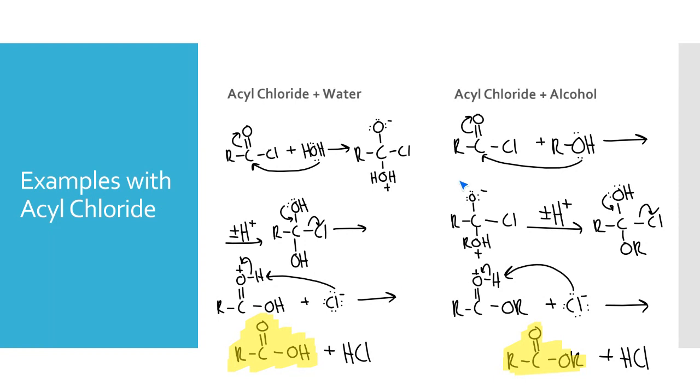Okay, so similarly, if we react an acyl chloride with an alcohol, instead of a carboxylic acid, we can make an ester. So the mechanism is very similar. This oxygen here has 2 lone pairs of electrons. It's nucleophilic. This carbon is electrophilic. So the lone pairs of electrons will attack that carbon, break the double bond, and those pi electrons will stay on this oxygen up here.